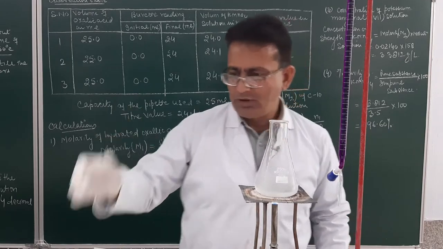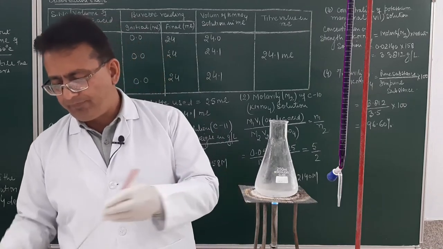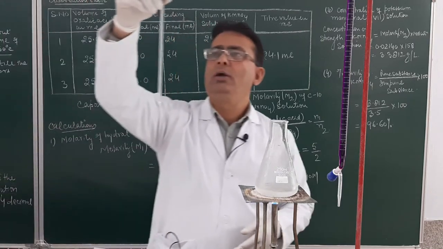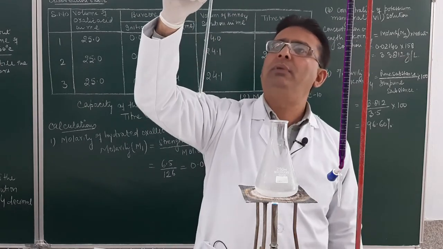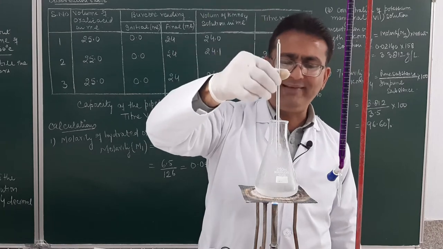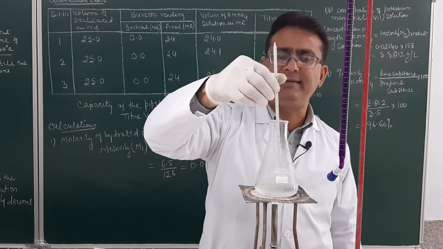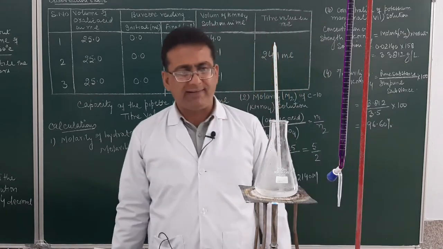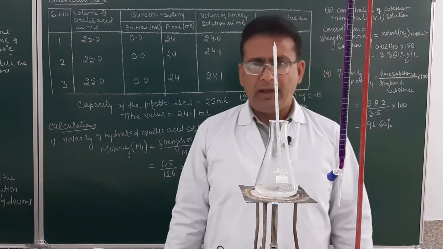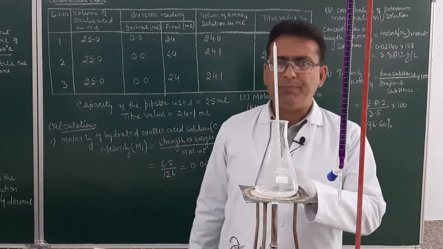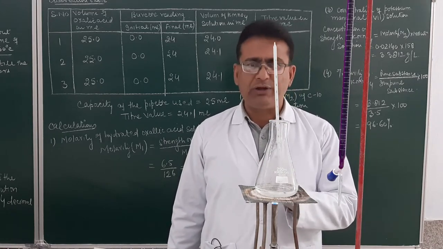You may see it. It is to be heated to a temperature of about 60 degrees C, which can be easily seen by measuring the temperature with the thermometer. So I'll put it into this and observe that the temperature rises to 60 degrees C till the first bubble appears at the bottom of the flask. Am I clear? So what I have done, I pipette out the oxalic acid solution into the conical flask. Then we have added the dilute sulfuric acid.